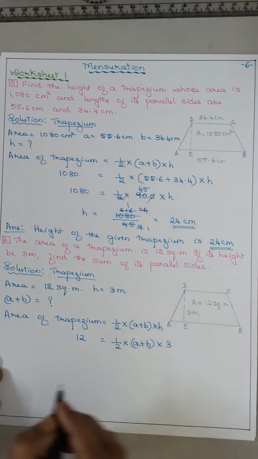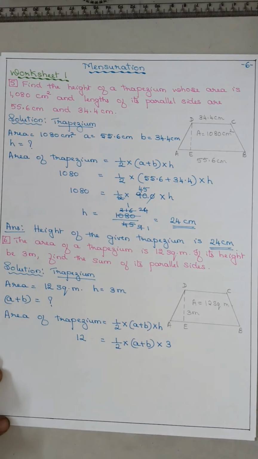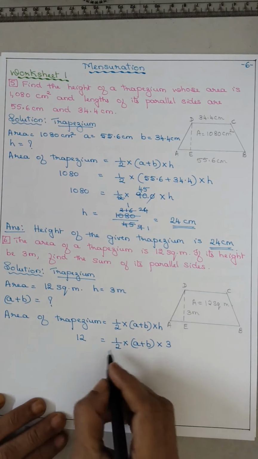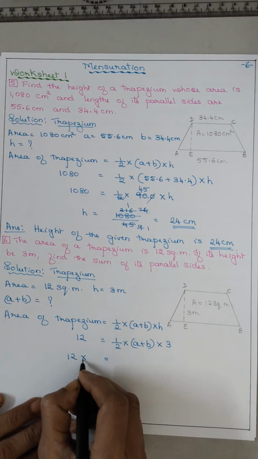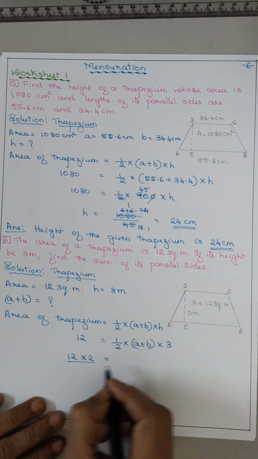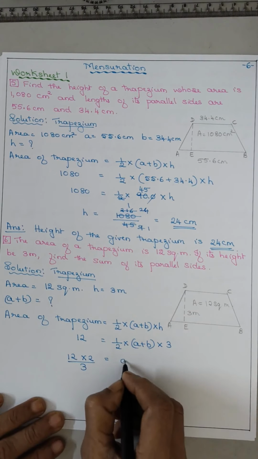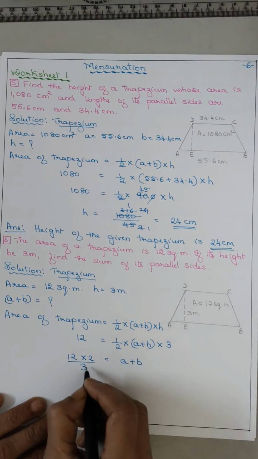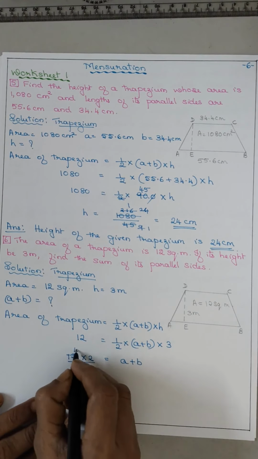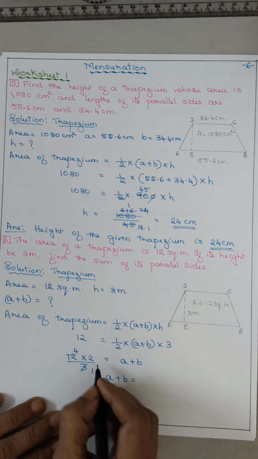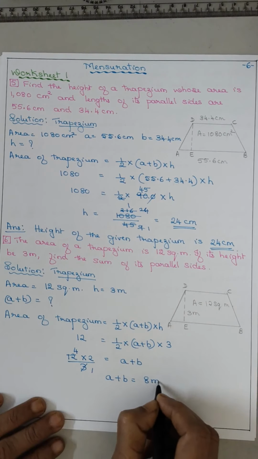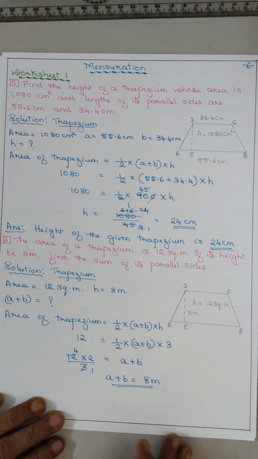Height is 3. 2 and 3 cannot be cancelled. So that is why 12 into 2 upon 3 is equal to A plus B. So 3 4s are 12. So A plus B is equal to 4 2s are 8 meter.